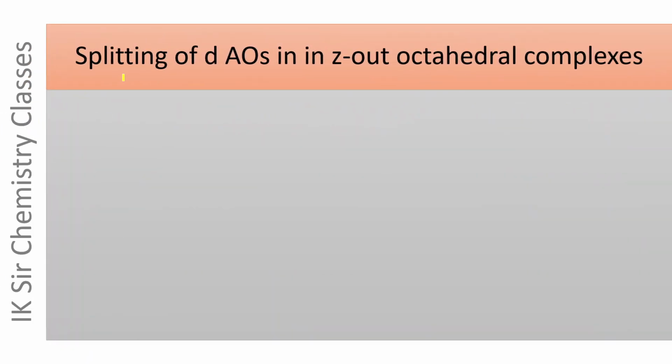A splitting of d atomic orbitals in Jahn-Teller out octahedral complexes. In Jahn-Teller out octahedral complexes, two ligands on the Z axis move away from the metal ion. That is, two metal ligand bonds along the Z axis are elongated.